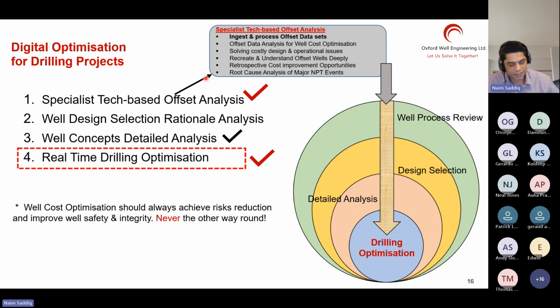When I say digital offset analysis, it's completely opposite of what we know about offset analysis. You're not going to read all the reports and DDRs. You are actually creating the whole well, the wells of interest, the failure envelopes and everything, and coming out with root cause and room for improvements, operationally, design-wise, what was the invisible lost time and everything.